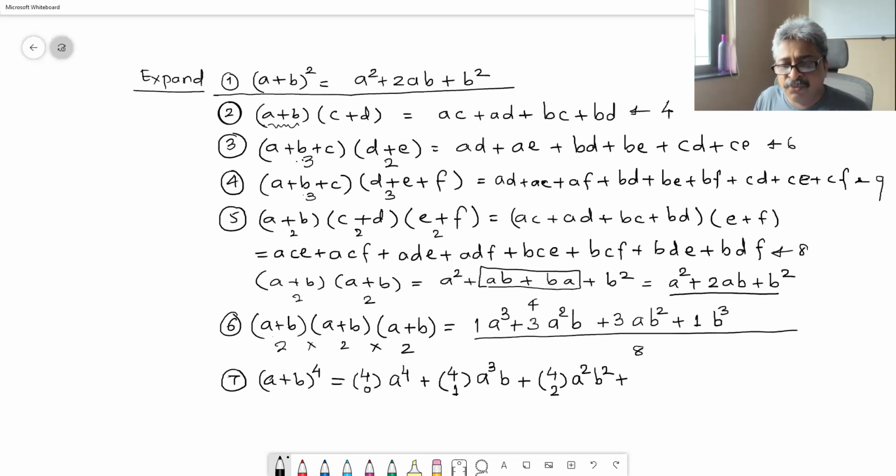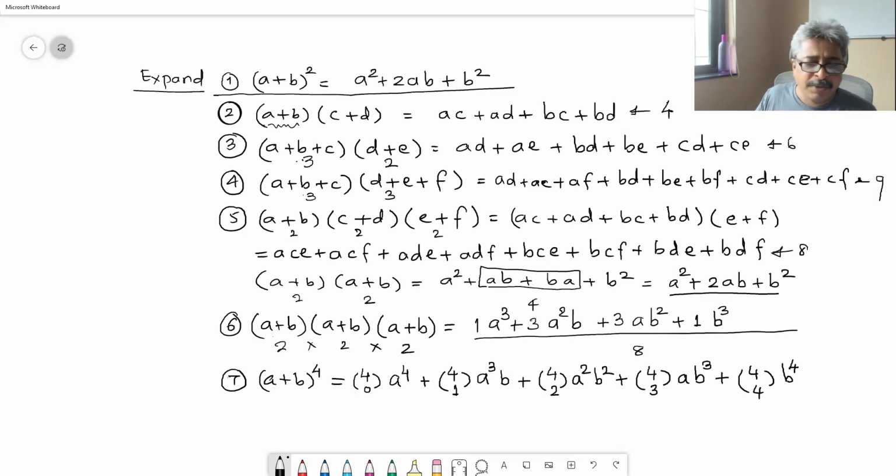If I choose 3 b's, then I have the term a b cube. And if I choose 4 b's, then I have the term b raised to 4.